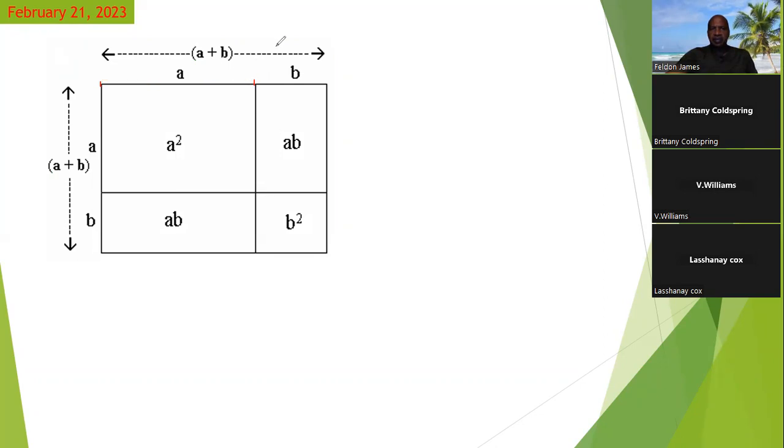Let me do this a little more accurately with a line. So if you call the length from here to here, we call that length A. Now, remember in algebra, when we use a letter or a symbol to represent a number, we oftentimes don't know what that number is.